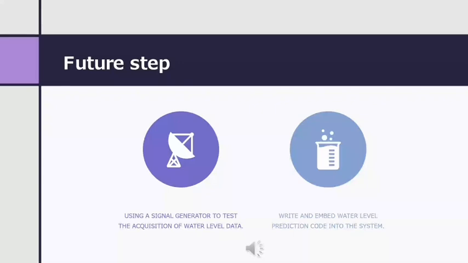So our next step is using the signal generator to test the water level data, combining the receiver and signal generator together as one project. After that, we can also write and embed water level prediction code into our system, and that is the entire system of our future steps.